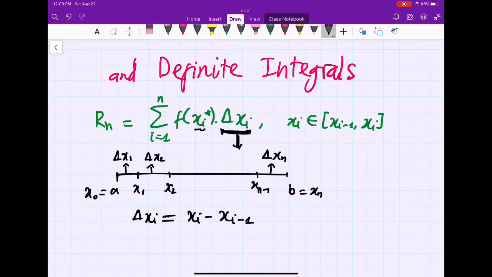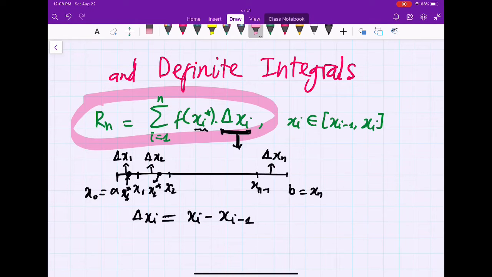And what is xi star? Xi star is some point in the i-th interval. For example, in the first interval you pick x1 star, in the second one you might pick x2 star, and so on. Because we have n subintervals, you have n xi star, and then you sum them up and you get a Riemann sum.